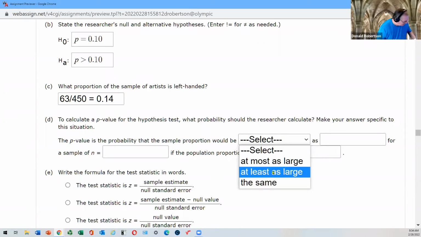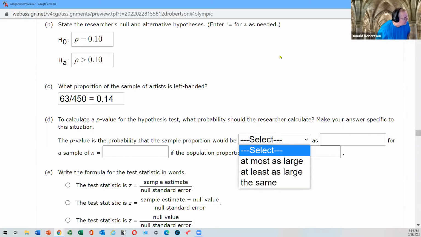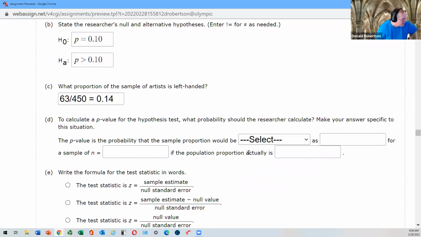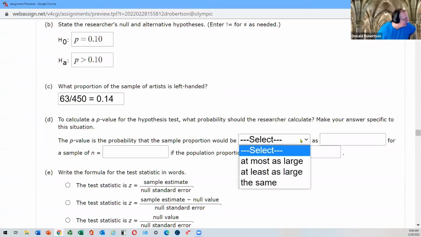So we think it's the p-value. Can you remember Friday when we calculated a p-value? Isn't it the probability that the z-score is greater than or less than the number, right? That guy. Now, in this case, the p-value is the probability the sample proportion would be.